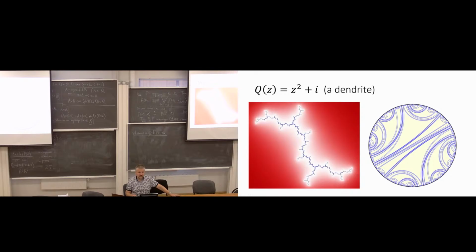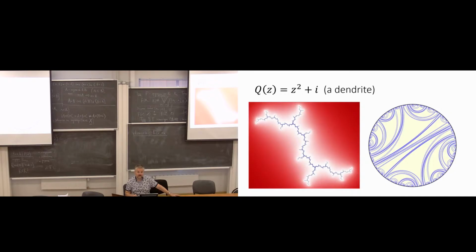Now what you do, you collapse every triangle to a point, and you collapse every chord to a point. So you have a disk, and you define some equivalence relation on the disk by identifying all points in the same triangle and by identifying all points in the same chord. So the quotient space of the disk with respect to this equivalence relation is homeomorphic to the dendrite. This is a precise statement.